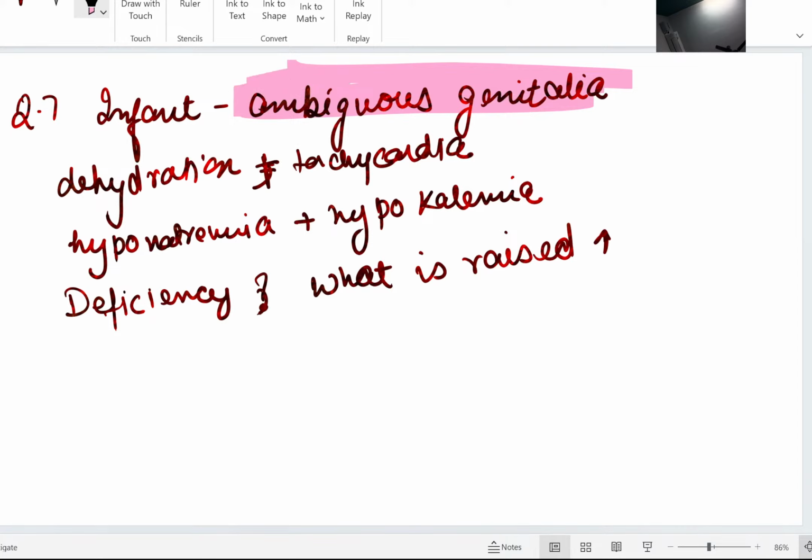Is it okay? Now further they have seen that hyponatremia and hypokalemia are also present. What is the enzyme deficient and what will be raised in the blood serum? First tell me the diagnosis.